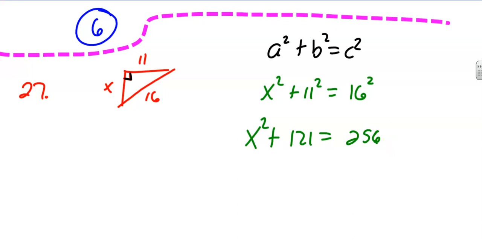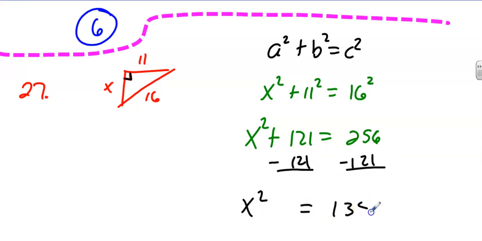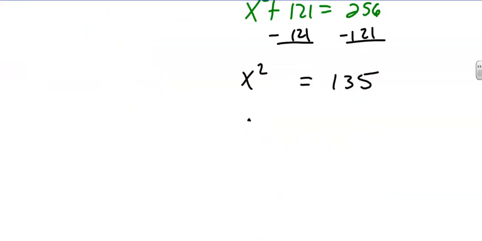Okay, and to solve for x squared, we're going to subtract the 121 from both sides. So x squared would equal 135. And for this one, they're going to tell you to round the answer to the nearest hundredth, which means once we get it to x squared, to get it down to x, we're going to square root both sides.